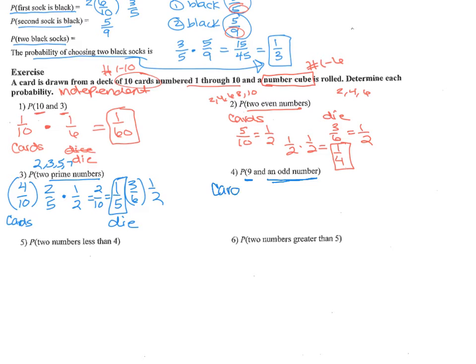So the number 9, what's the chance of landing on the card number 9 out of those 1 through 10 cards? 1 out of 10. There's only one number 9 card. And then on your die, you have 1, 3, 5, so 3 out of 6, or 1/2. It'd be 1 over 20. So 1 over 20 is our probability of both.